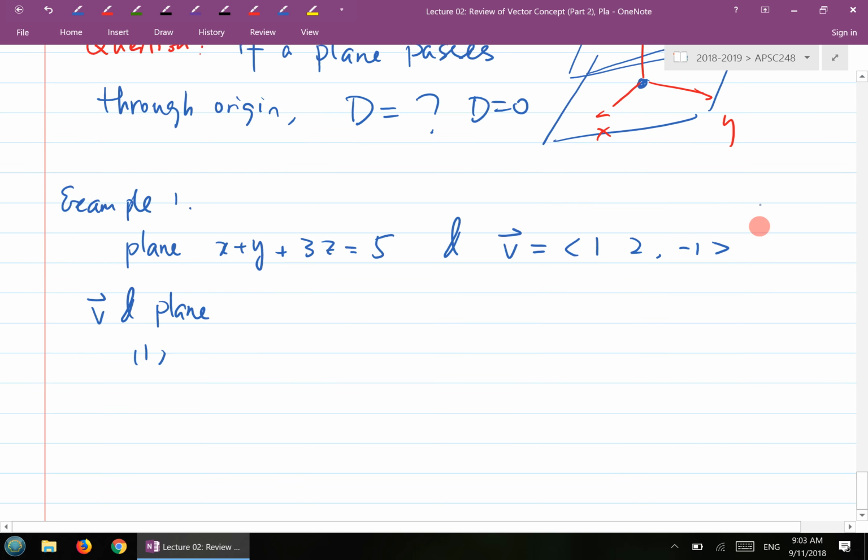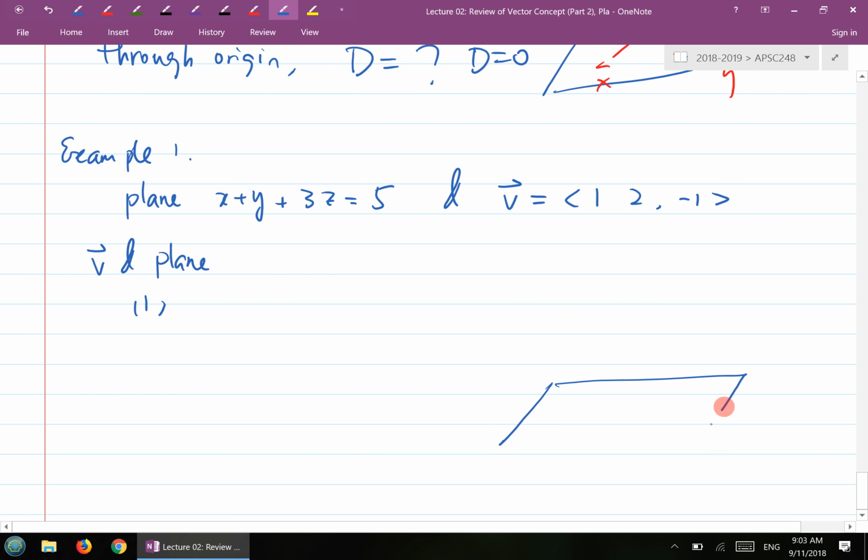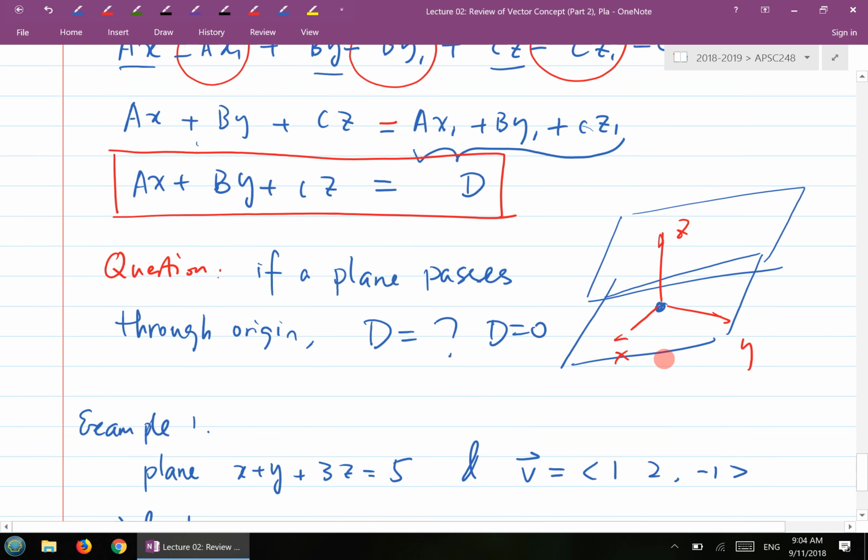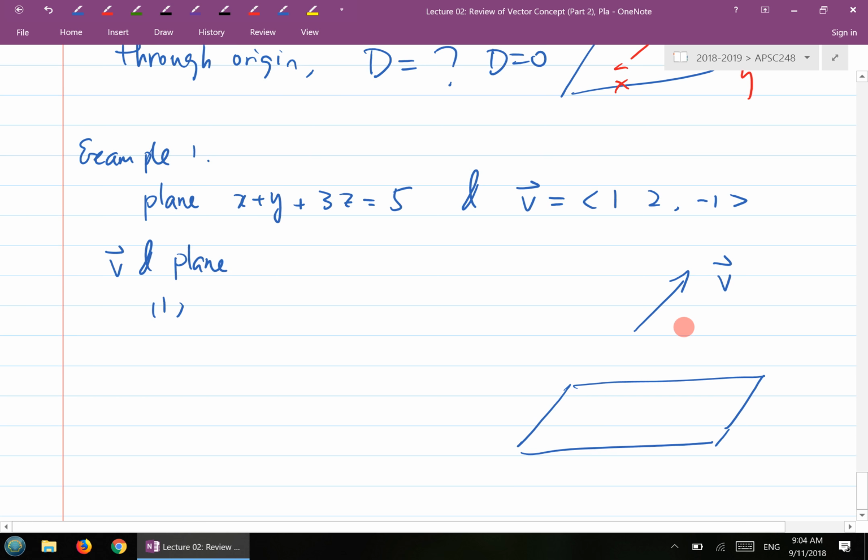Relationship essentially means you can always draw, just to illustrate the situation here, a plane and a vector V. Before we derive for this particular example, ask yourself, what would be the possible relationship between a vector and a plane?